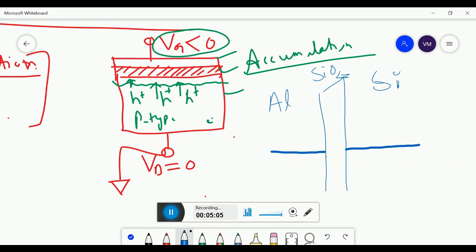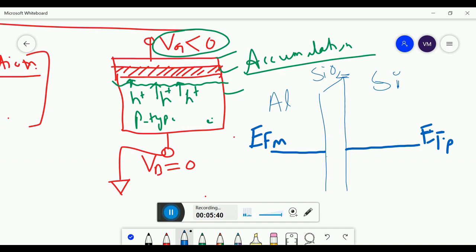Phi means potential, so we represent the Fermi level as E Fm. That means the Fermi level of the metal gate, and then the Fermi level of p-type silicon, EFP, which is the Fermi level of the p-type substrate.